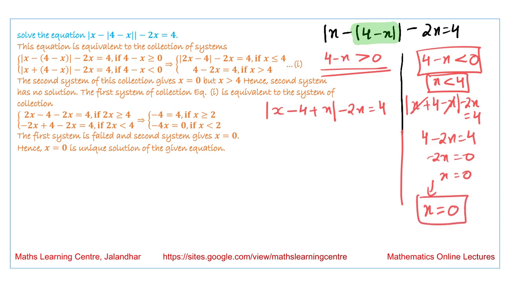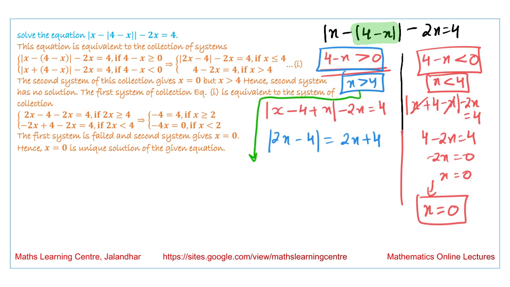In the second case, we have |2x − 4| = 2x + 4, and the condition gives us x greater than 4. When x is greater than 4, we have 2x greater than 8 and 2x − 4 greater than 4, which means this term is positive.